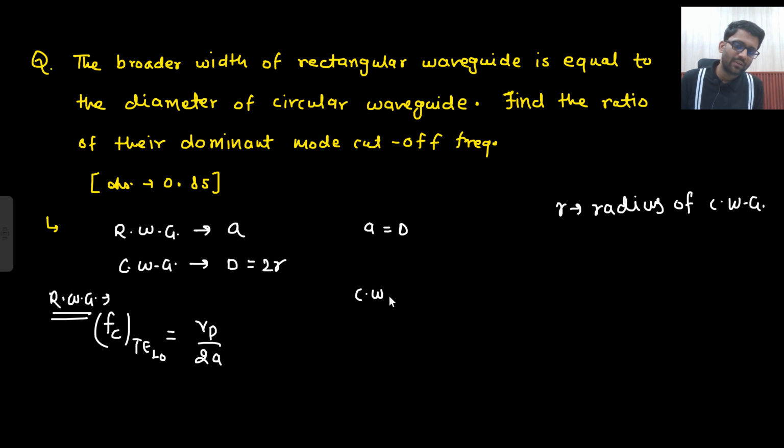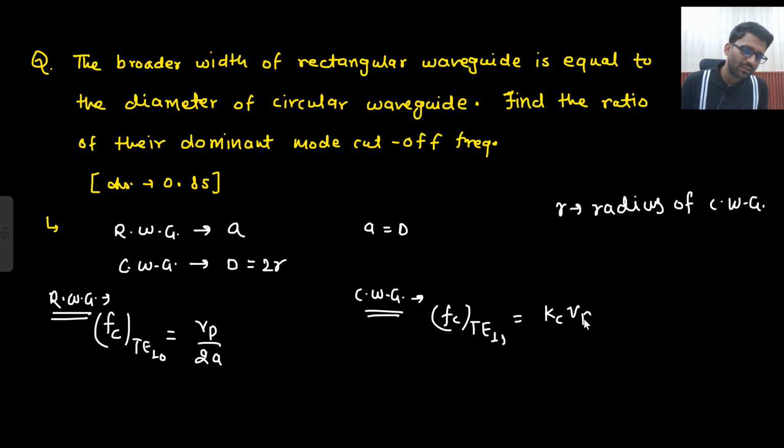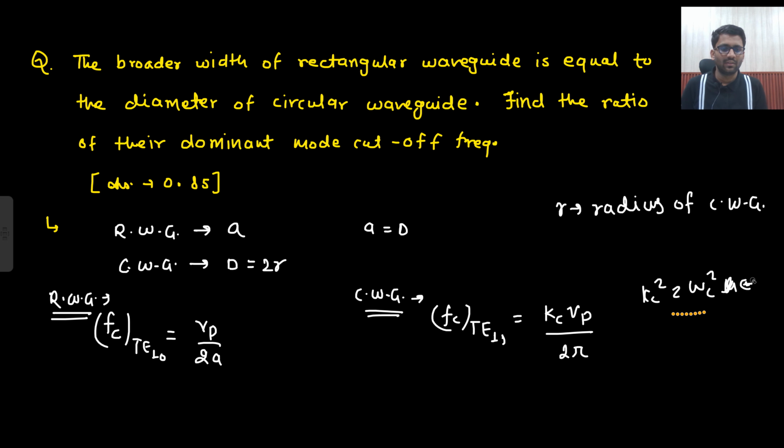And for the circular waveguide, what is the formula of FC? The dominant mode here is TE11. If you don't remember, the formula is Kc into Vp divided by 2 pi. Usually I forget this formula, so that's why I always prefer doing this calculation in the examination. From here I can get a clear idea: Kc into Vp divided by 2 pi.